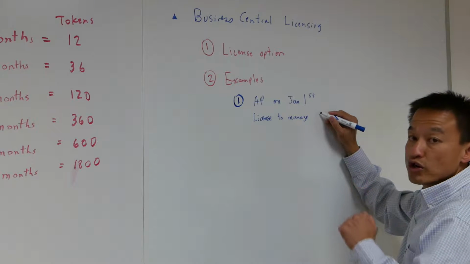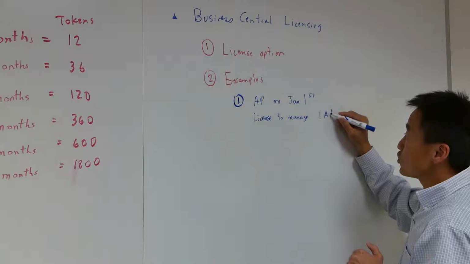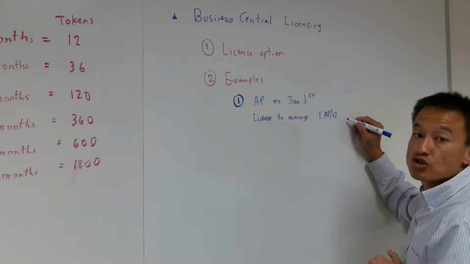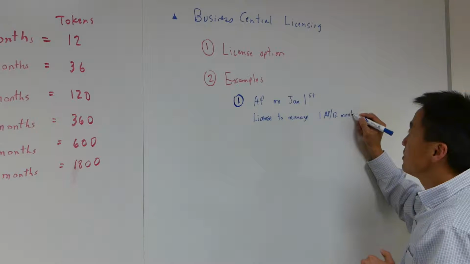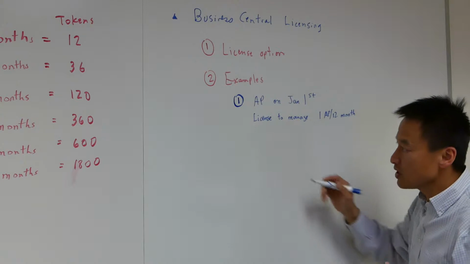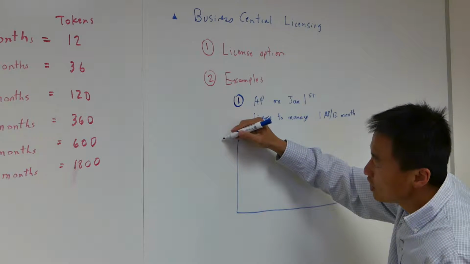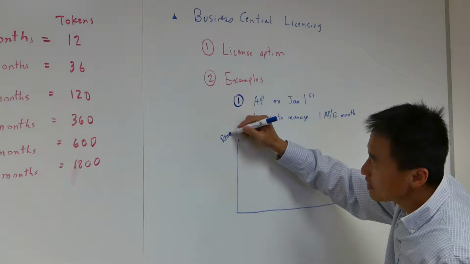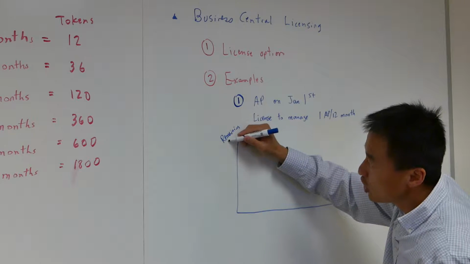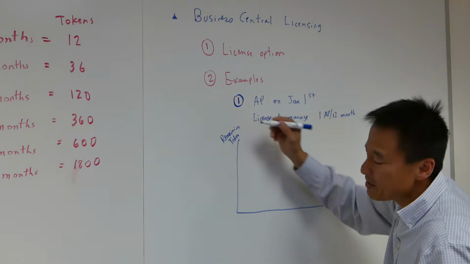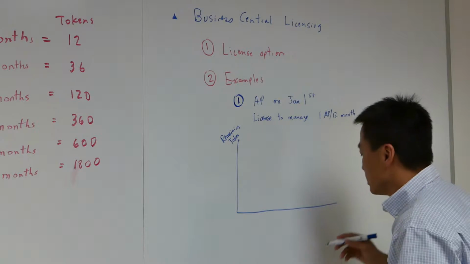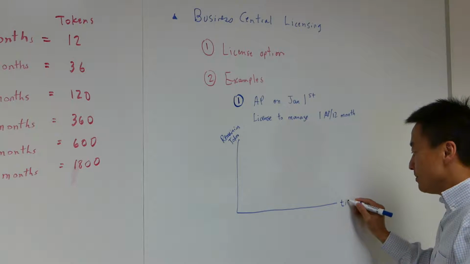Let's assume the 1 AP for 12 months SKU. This one's simple. If you draw a little chart, this is the remaining tokens, or remaining months of subscription, plotted out over time.